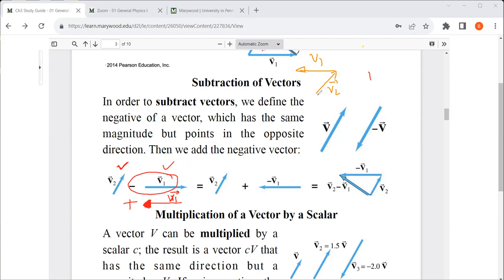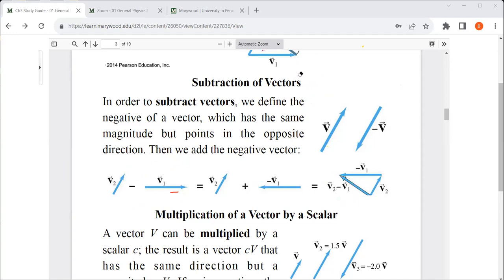From the tail of the first vector to the tip of the second vector is the resultant. So this is the resultant. Here you see it's exactly the same thing. So when you have to subtract a vector, you can do a little trick: change the direction, and then add them. Do this small trick, and then it's basically adding two vectors. All right.